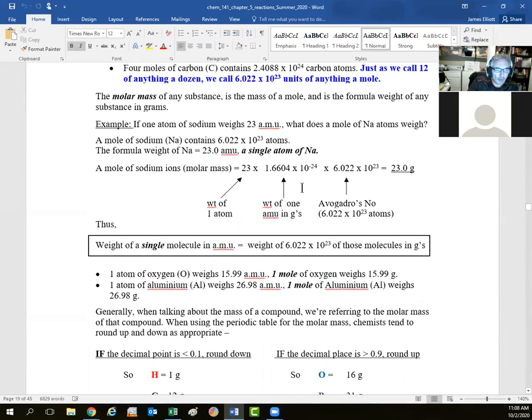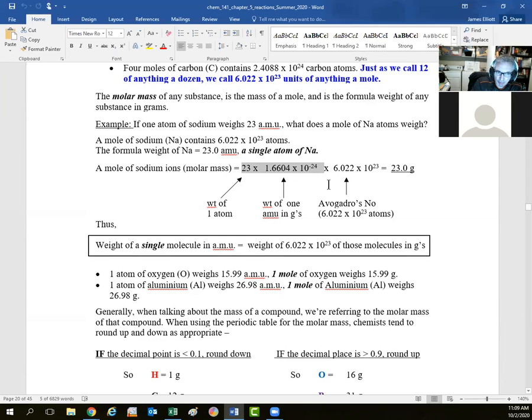Well, if we look at the math for it, taking for example, sodium itself, 23 atomic mass units for a single atom. That's what the periodic table tells us. Now, if we multiply that mass in atomic mass units by the mass of an atomic mass unit in grams, the 1.66 times 10 to the minus 24, that initial calculation gives us the mass in grams for one single atom of sodium.